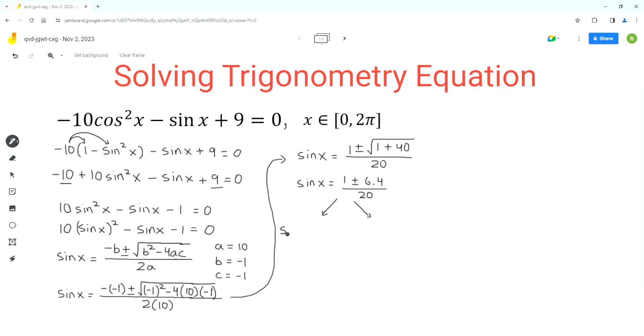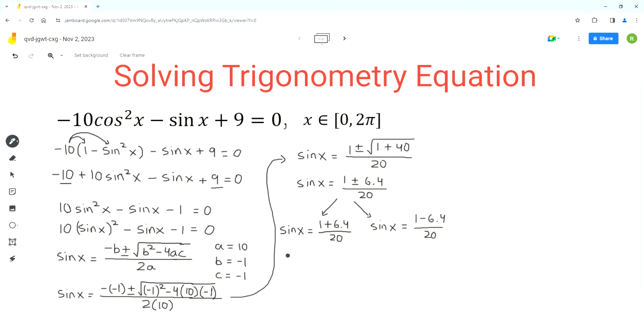So for the positive case we get sin x equals 1 plus 6.4 over 20. And the negative case is sin x equals 1 minus 6.4 over 20.